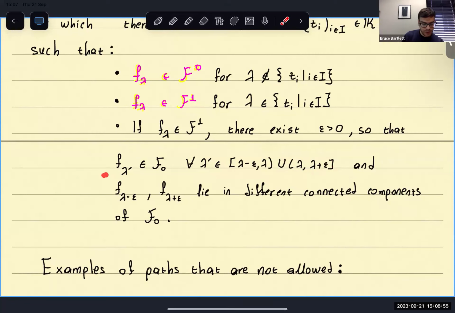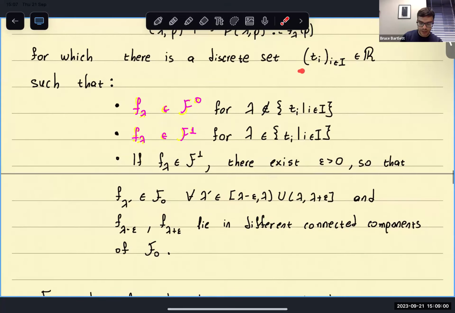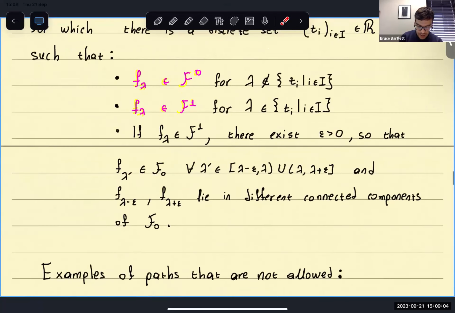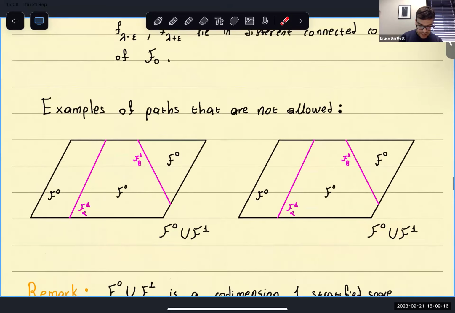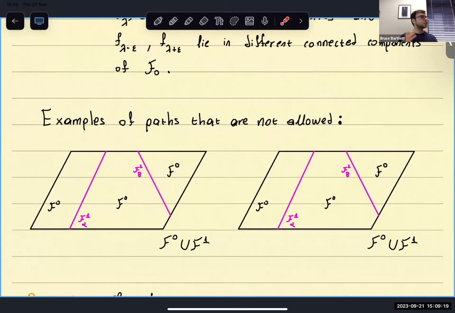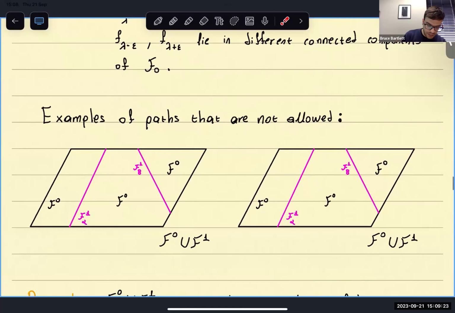I guess this condition just says that my set Ti is discrete, so I haven't told you anything more. But also F sub lambda minus epsilon and F sub lambda plus epsilon must live in different connected components of F0. So let me draw you examples of paths that are not allowed, and you see where this condition shows up.